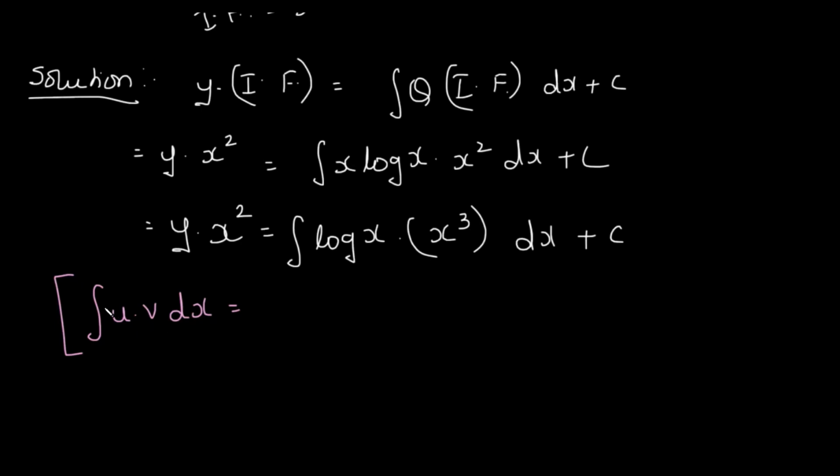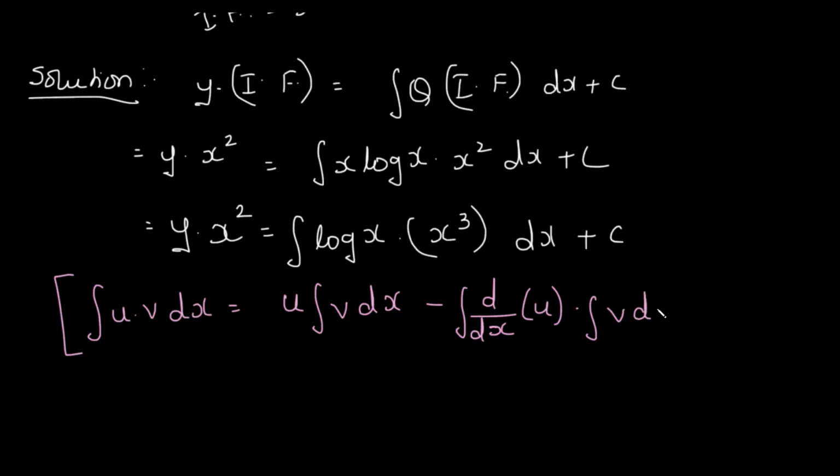The integral of u into v dx, if you remember, would be u integral v dx minus integral d dx of u into integral v dx, dx. This is a rule which we learned in our chapter 5. So this is what we are going to use over here because we have two terms.